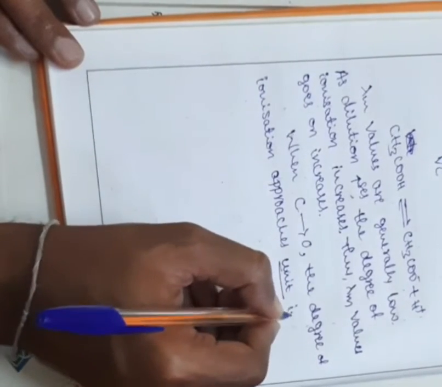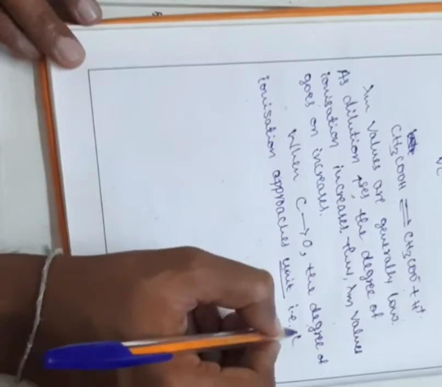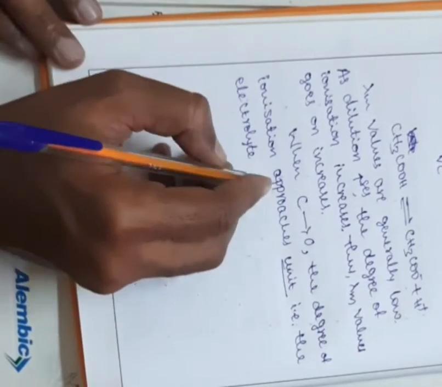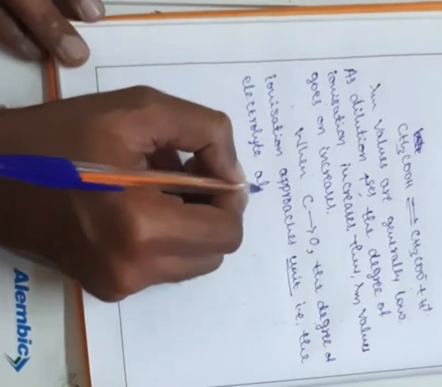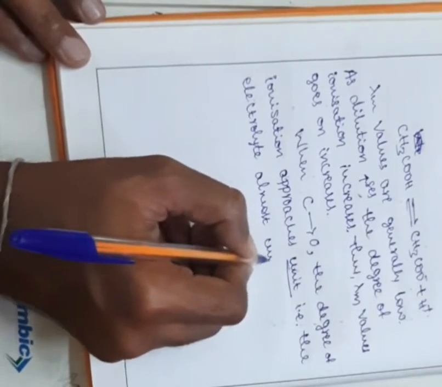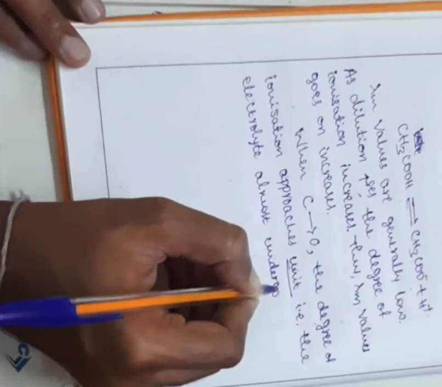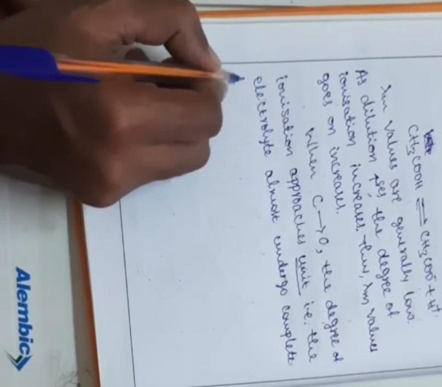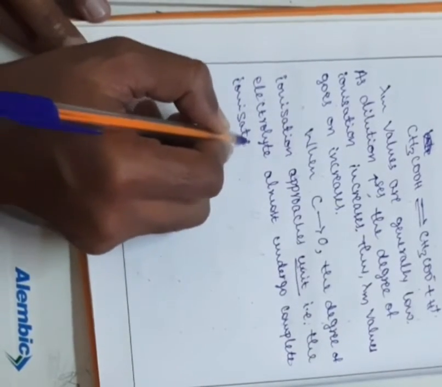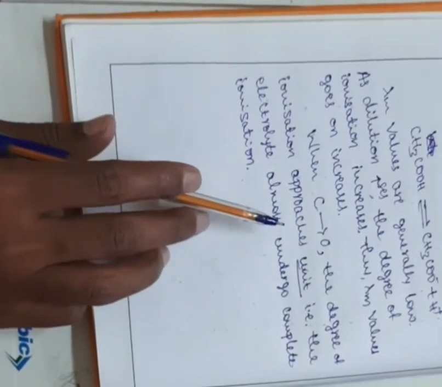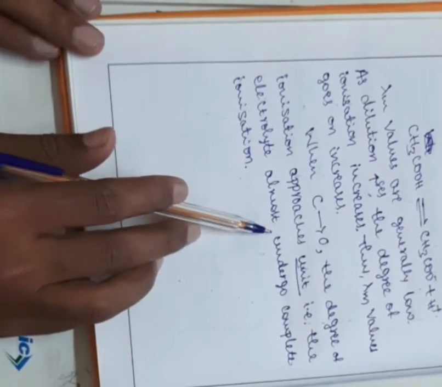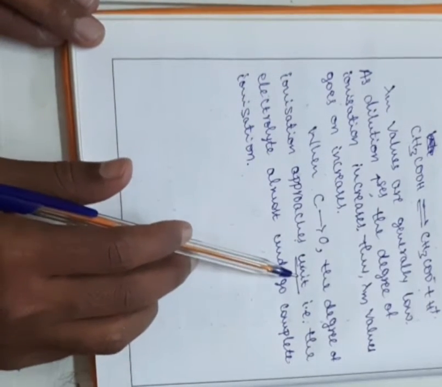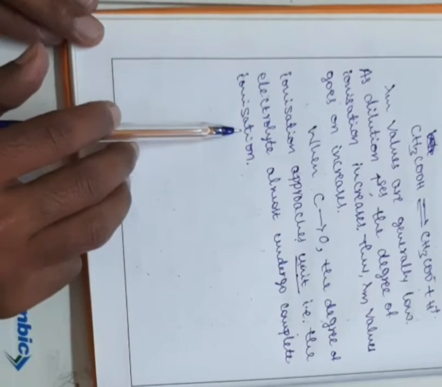So that is, the electrolyte almost undergoes complete ionization. Therefore the lambda m naught value, that is limiting molar conductivity for weak electrolyte, cannot be determined, because it approaches unit value, as it undergoes complete ionization.